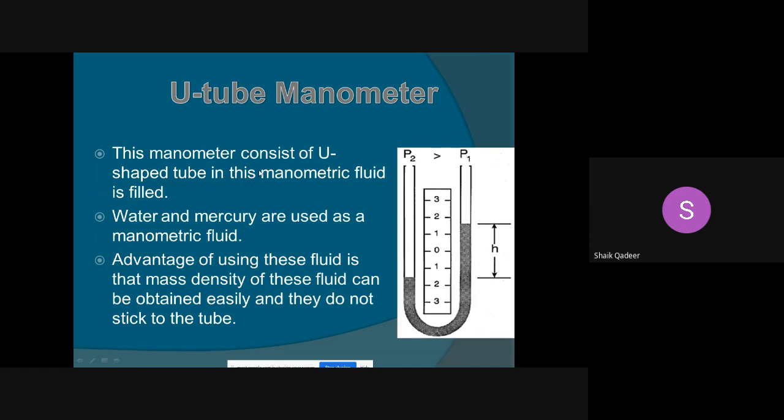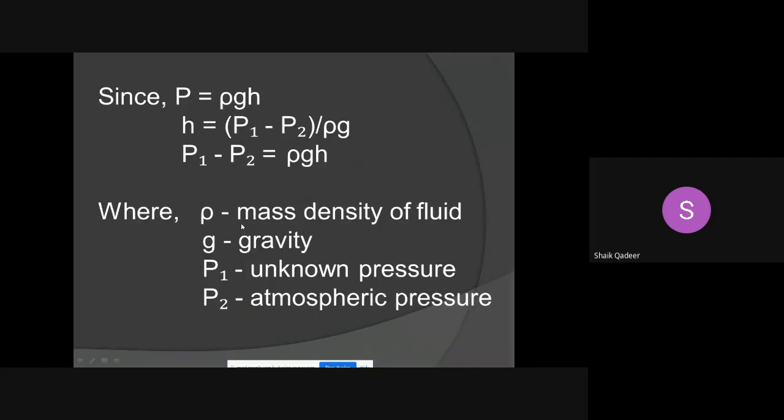This U-tube manometer consists of a U-shaped tube having manometric fluid, in which water or mercury can be used as the manometric fluid. The advantage of this is that the mass density of this fluid can be obtained easily. The density of water or the density of mercury is known to us. So using this simple formula, P1 minus P2 is equal to rho g h.